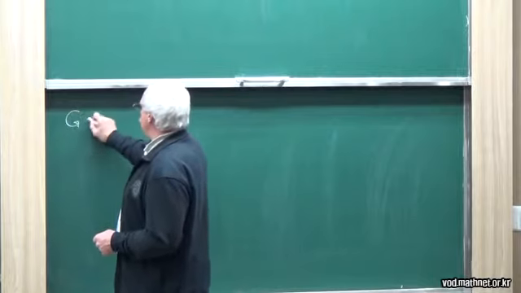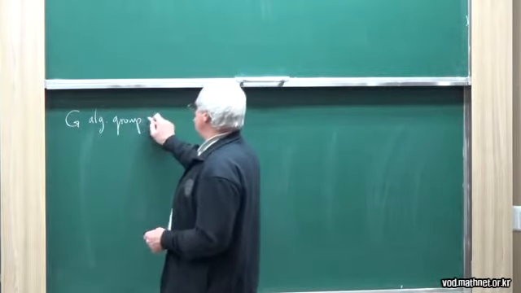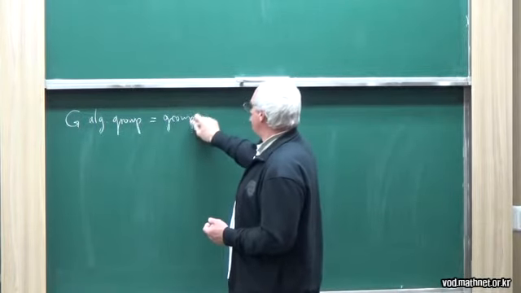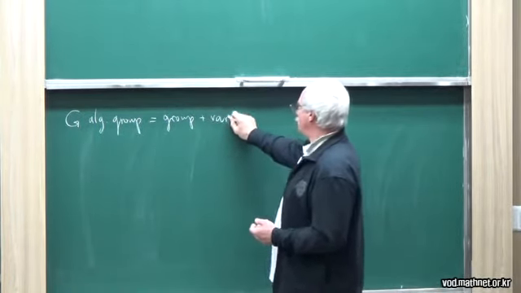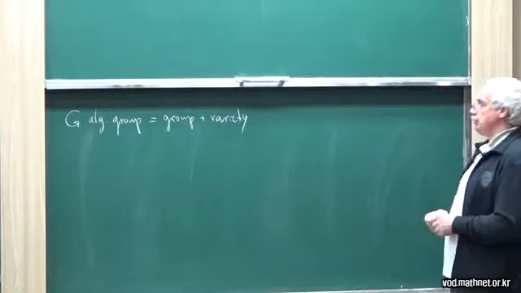Well, let's take an algebraic group. So it's just a variety and a group at the same time. So the group is given by polynomial equations.